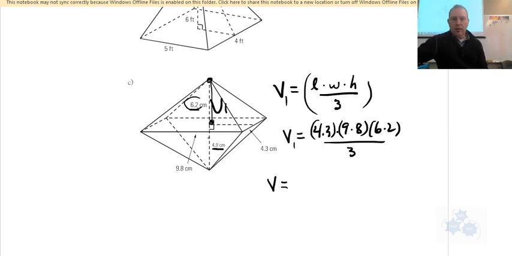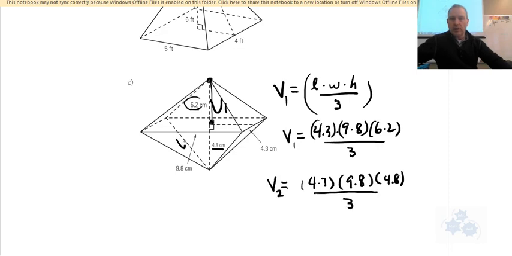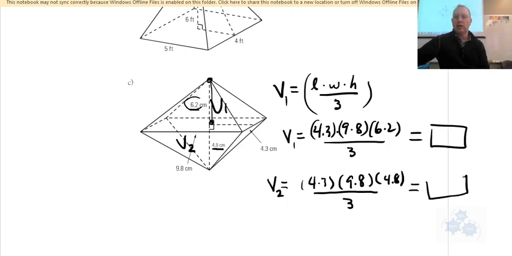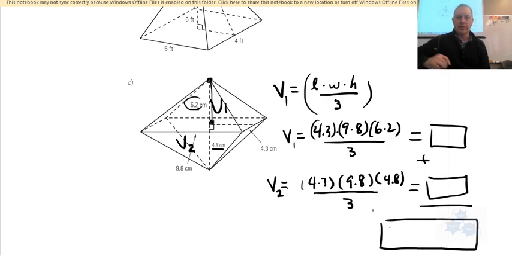So then the volume of the bottom pyramid is still 4.3 times 9.8, but we have this height of 4.8 instead of the 6.2 we had before, and divided by 3. So that's going to be volume 2. Okay, so we have to find this one, and then we have to find this one, and we add those together for our final answer.